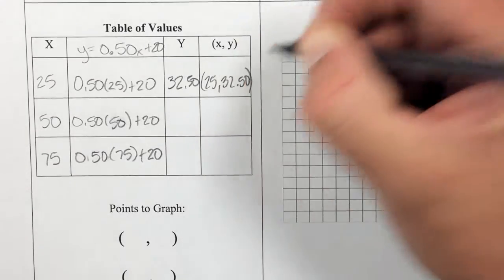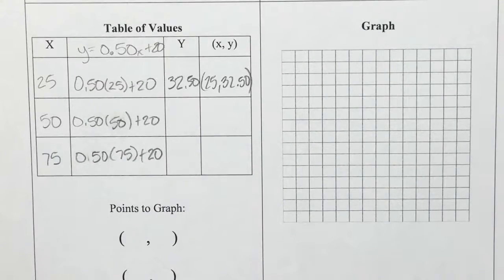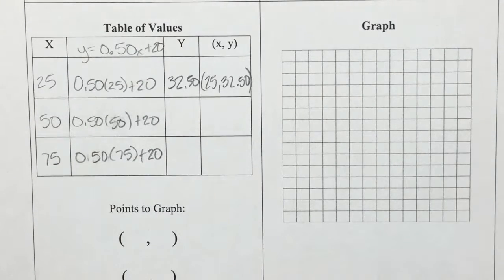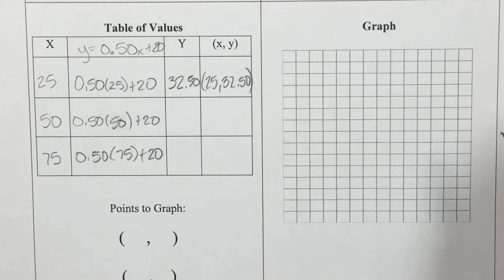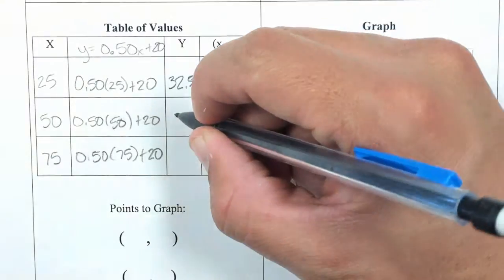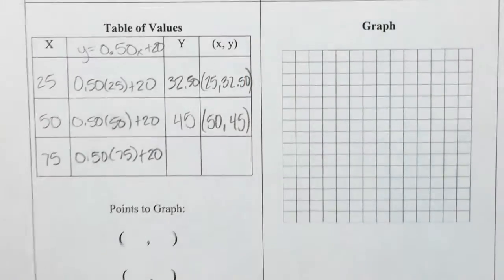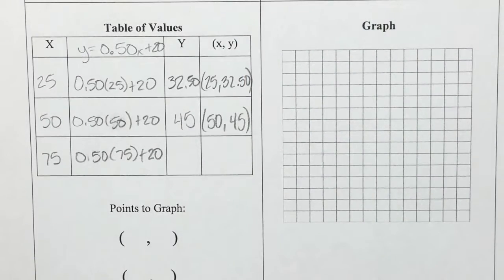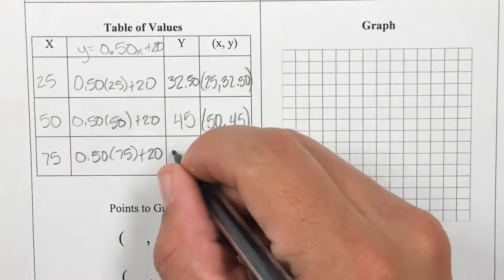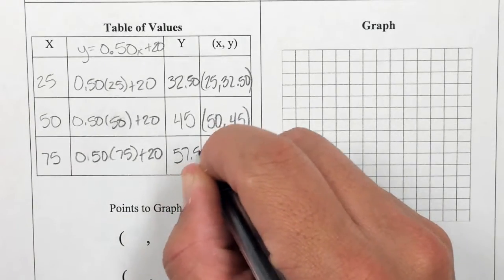Okay. Just be glad that y'all don't have the bill set up like this anymore, because as much as kids text nowadays, it'd be a bad deal. 0.50 times 50 is 25, plus 20 is 45. And then 0.50 times 75 plus 20 is 57.50.